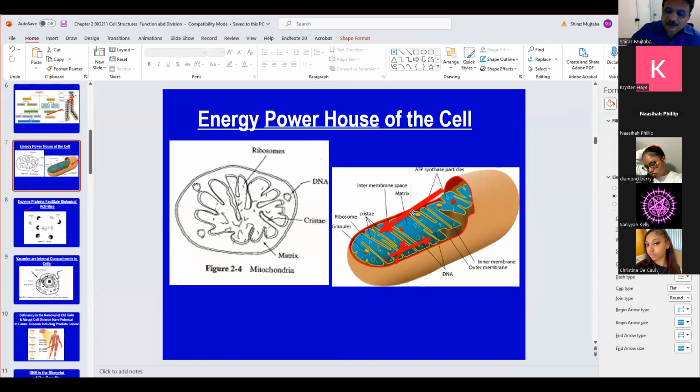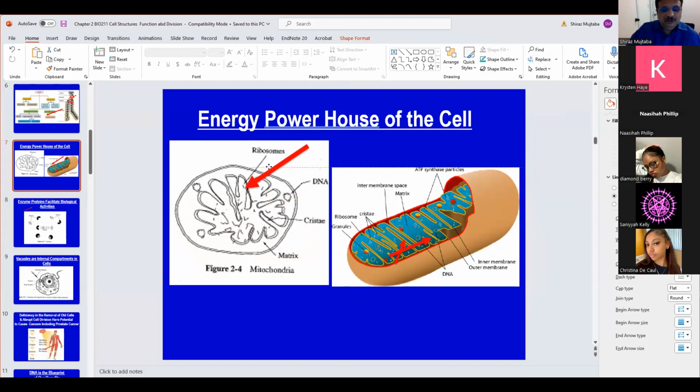But inside the body of mitochondria, you will find these folded structures. These folded structures are called cristae.